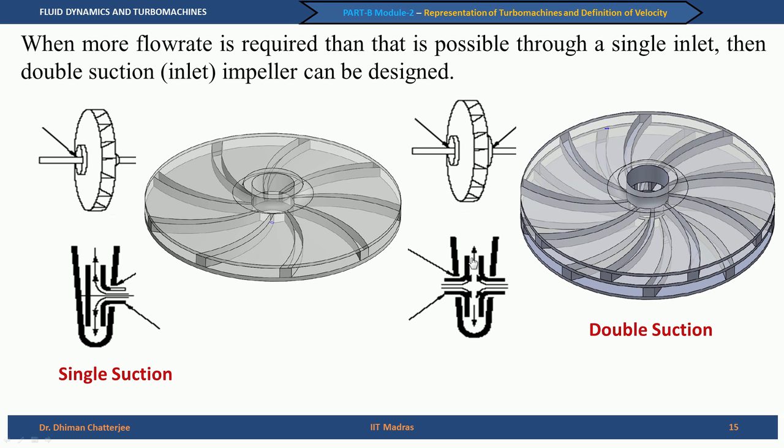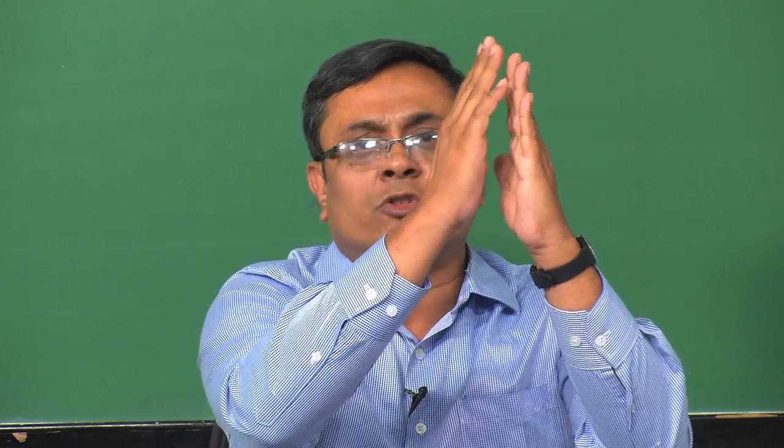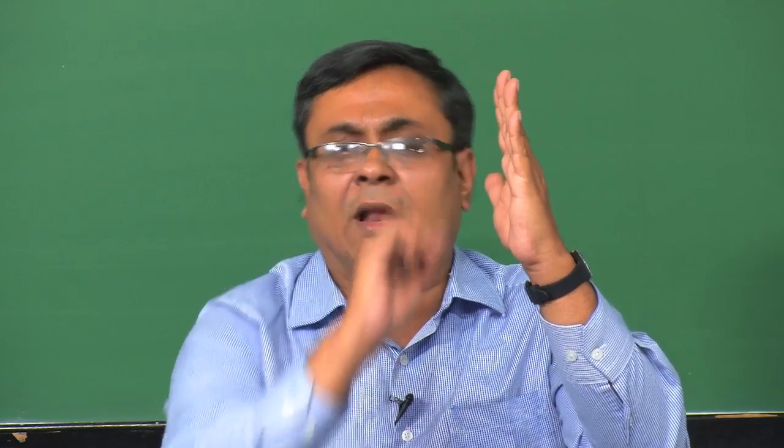The fluid enters from the left and the right, and then it is collected, and this is known as a double suction impeller. This is very important. For a single suction impeller, the fluid comes from the left and goes to the impeller and is collected by a collector. We will call it a casing.